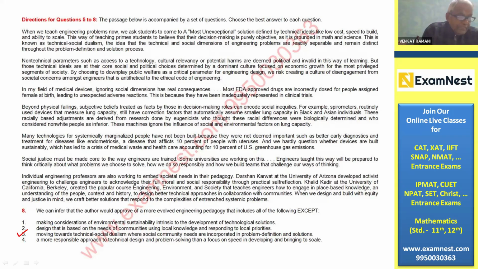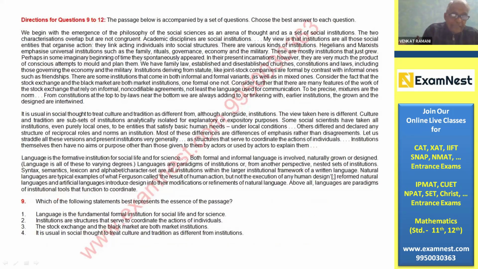Now, let's look at the next passage. And this passage is all about institutions. The point that he's trying to make here is it is for us or for the society to decide or to look at institutions and how they are treated and what are institutions. So the institutions, you see, they are structures and they are supposed to coordinate the actions of individuals.